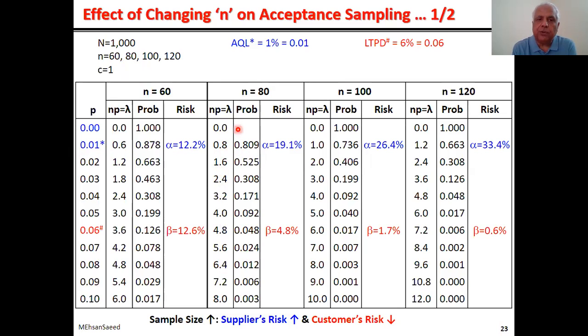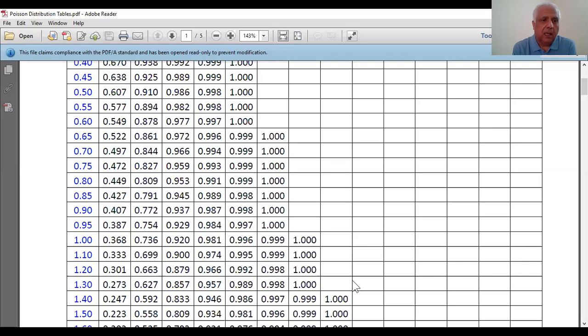And just to reassure you, let's check whether this value is correct. So enter your Poisson table at 0.8 and look under 1. It is 0.809. So that indeed is the case. And I think we can trust the other figures also.